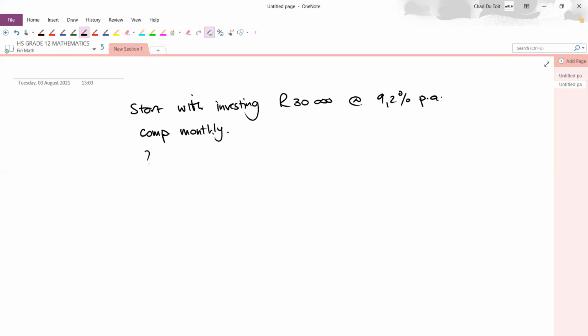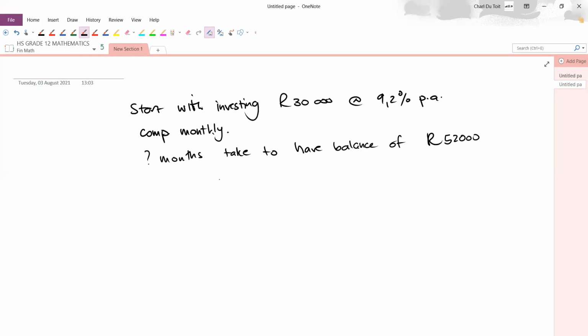How many months will it take to have a balance in your account of, let's say, 52,000 Rand, plus minus. These are just values of thumb suck. It can be any value.